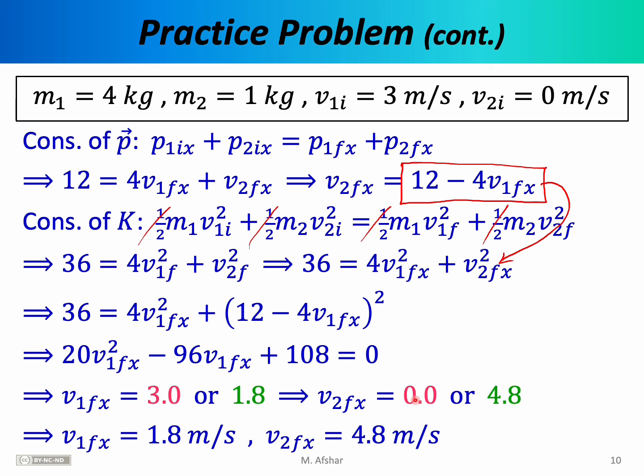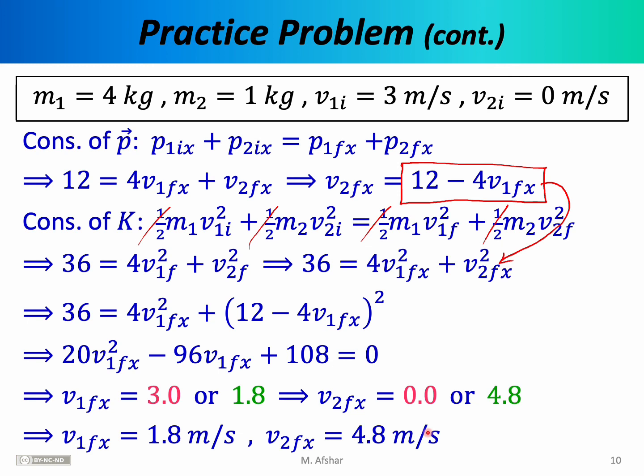The two particles started with initial velocities of 3 and 0. Following the collision, their velocities must change. The only way their velocities could remain unchanged is if the collision did not happen, or if the two particles simply missed each other. For example, you can imagine one particle essentially missing the other particle and passing by it.